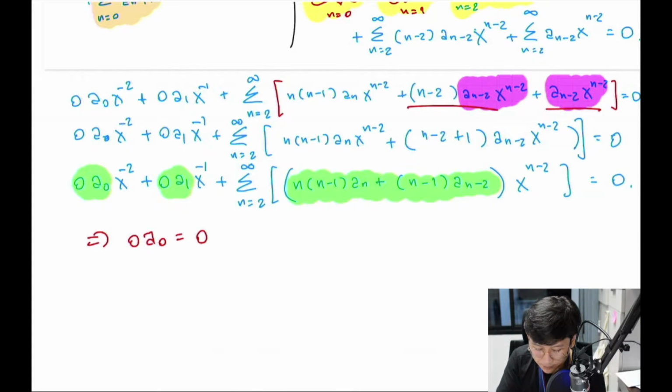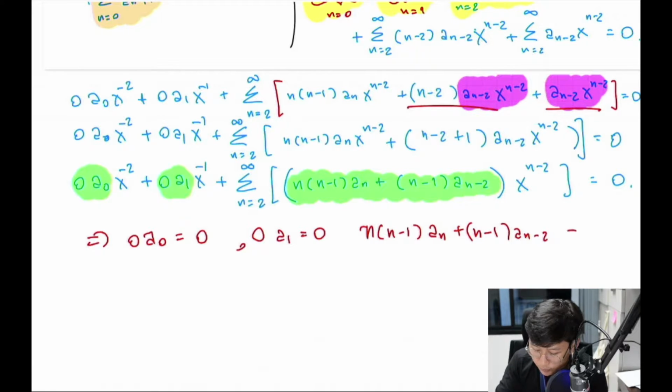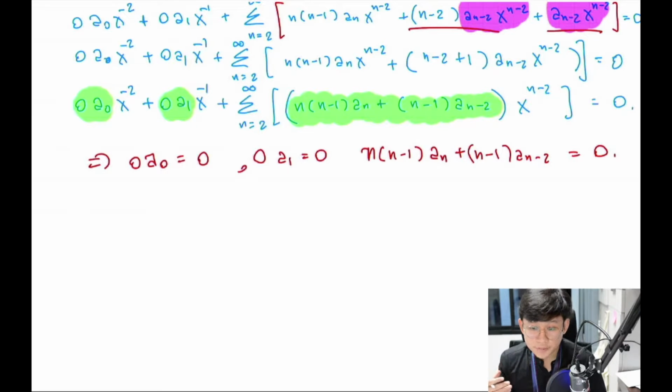So we have 0·a0 equals 0, and 0·a1 equals 0, and n minus 1 a_n plus n minus 1 a_{n-2} equals 0. That's how we get these three conditions. From here, 0·a0 is 0. What does it mean?